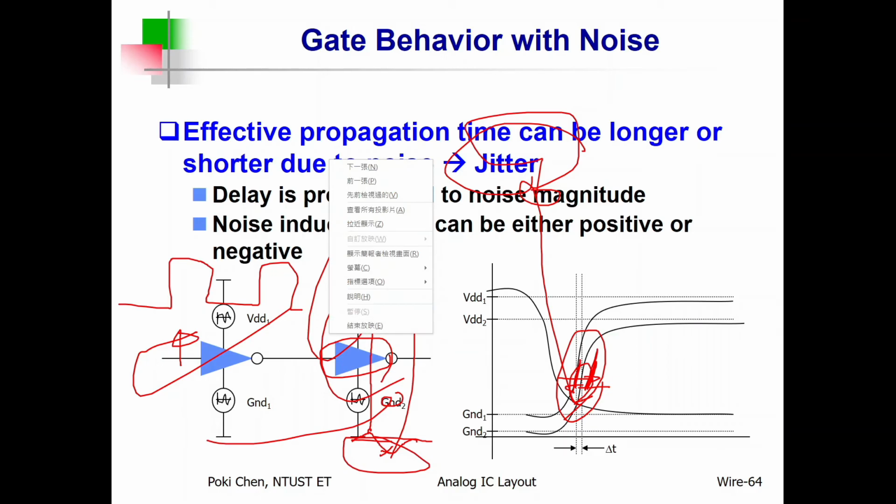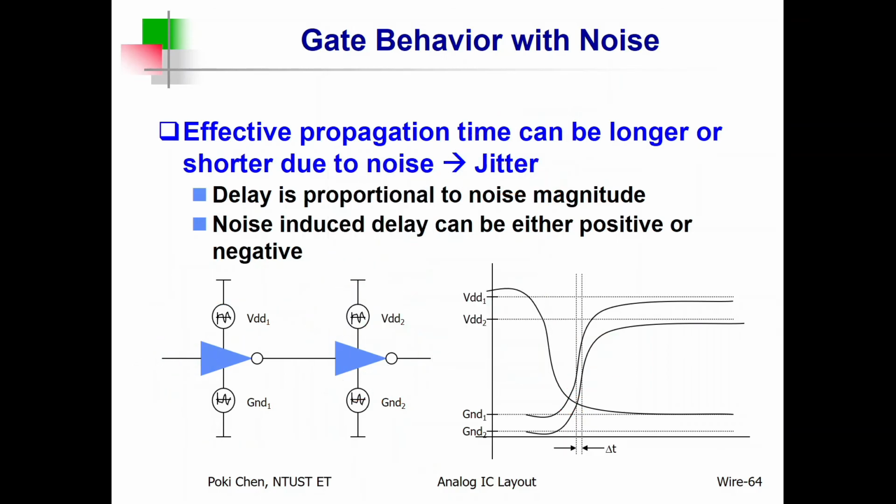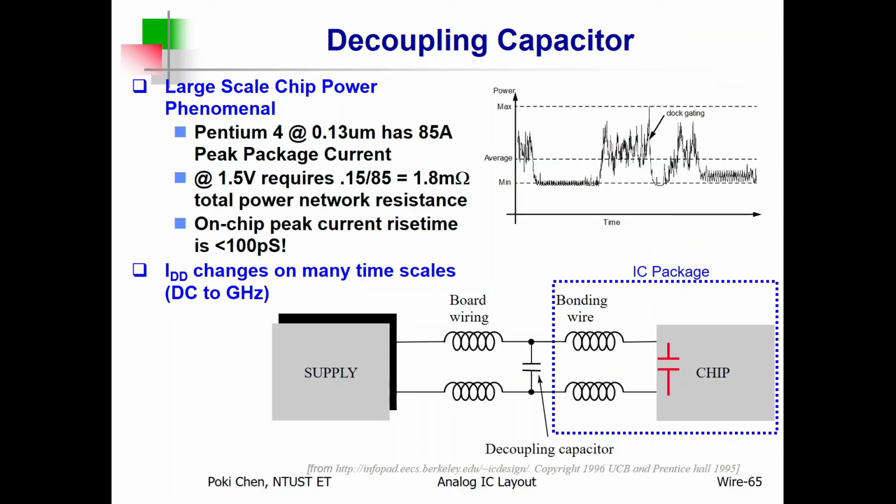So this is another strong reason why you need the decoupling capacitor to stabilize your power supply, to reduce the fluctuation for your VDD and ground. All right? That is the main function of our on-chip decoupling capacitor.